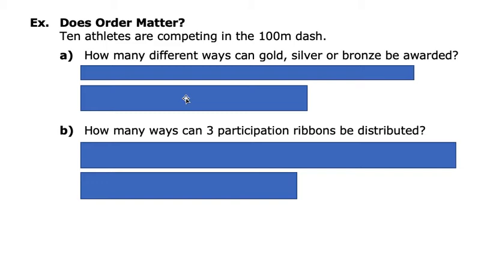10 athletes are competing in the 100-meter dash. How many different ways can gold, silver, and bronze be awarded? We need to ask ourselves, does order matter? Yes, it does, because we are assigning a rank, gold, silver, or bronze, to each of the athletes.